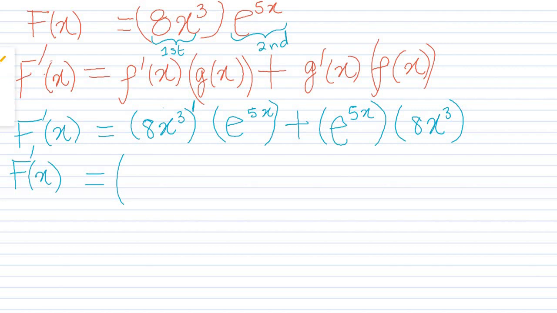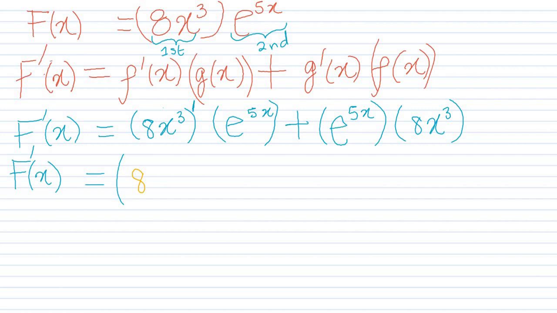Let me use the color yellow. So that's 8 here, x cubed here. When we want to derive x cubed, we're just going to go back to what we've done previously, which is the power rule. If you haven't watched the power rule from my channel, please go watch it. It's going to be really helpful for you to understand. Or if you're already doing the product rule, then you're supposed to have some understanding of how the power rule works.